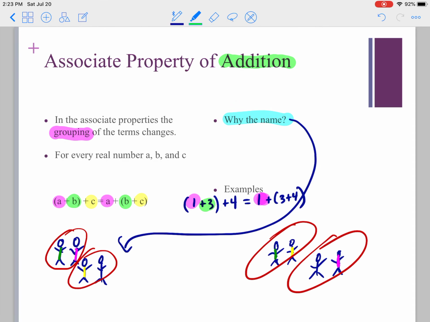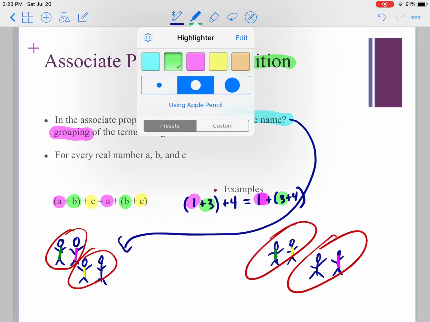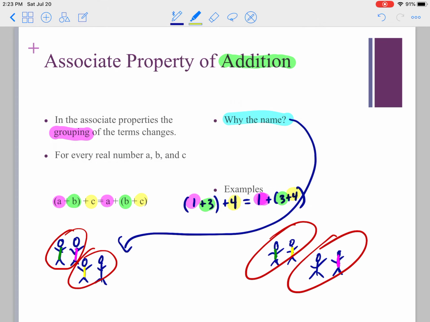We have our B, and then there could also be a C term. If we were to evaluate both sides, we would have 1 plus 3 is 4, plus 4 is 8. And then we have 3 plus 4 is 7, 7 plus 1 is 8. 8 equals 8. So although the grouping changed, the value did not.